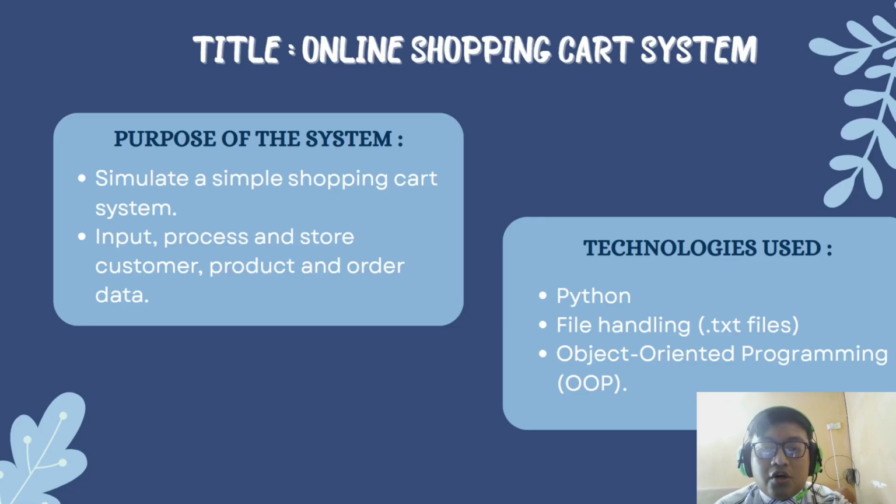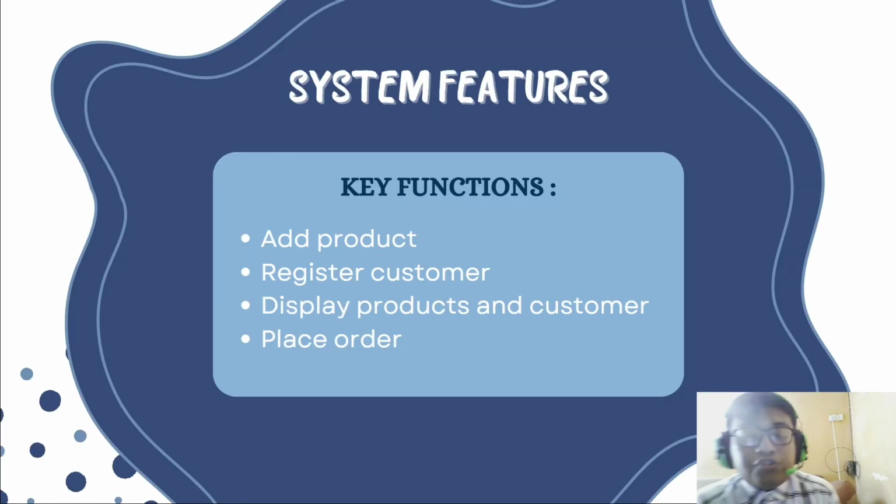This project also helps us understand real-world software processes, like accepting input from users, processing the data, and storing the output in files. In short, it's a small project with a big learning impact. Let's go to the next slide.